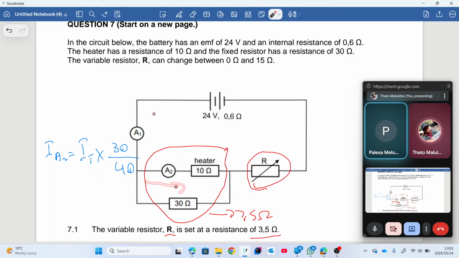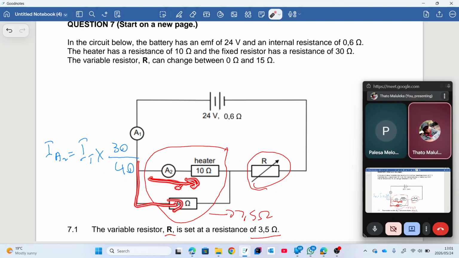So if we want the current that goes through that path, we use the same logic: the current that passes through this is the current that was being sent by that.